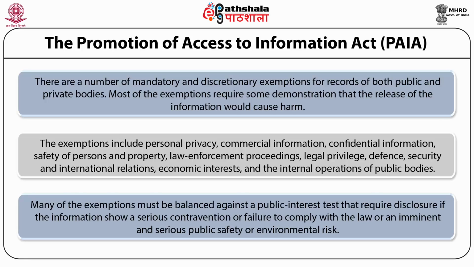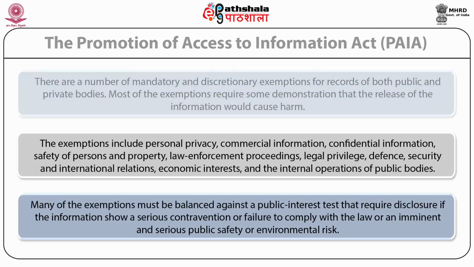If the information shows a serious contravention or failure to comply with the law or an imminent and serious public safety or environment risk, basically, right? So there's a real risk that if this information is disclosed, there's going to be a problem. There's going to be a national security threat or a public order problem, right? Then only do you not disclose this information under the Act.